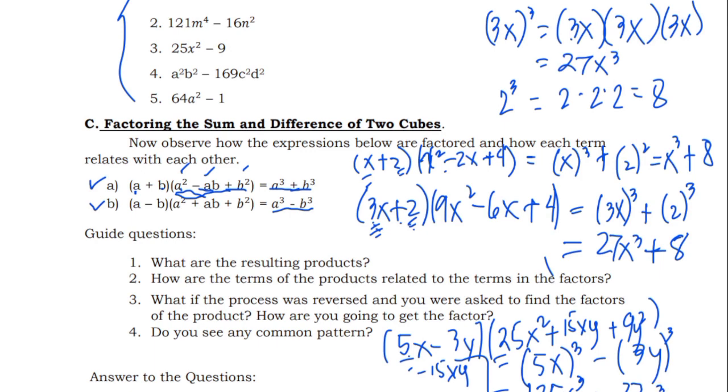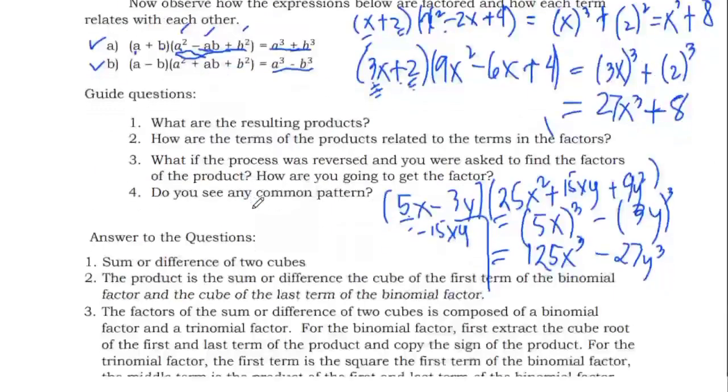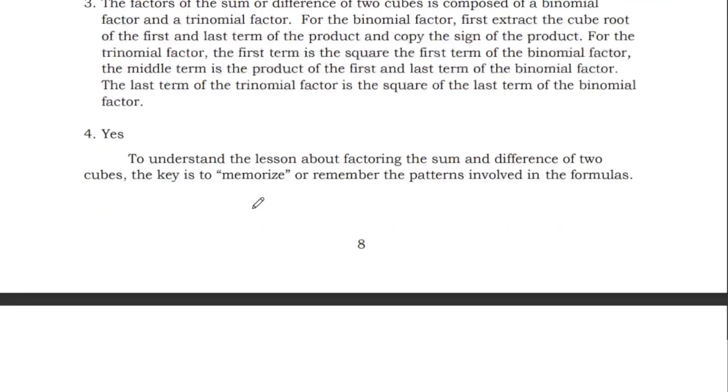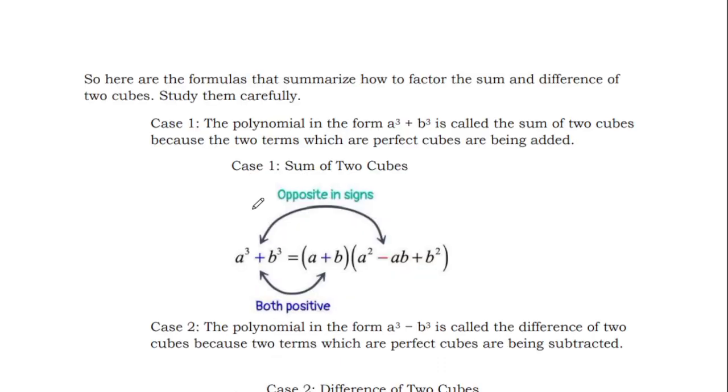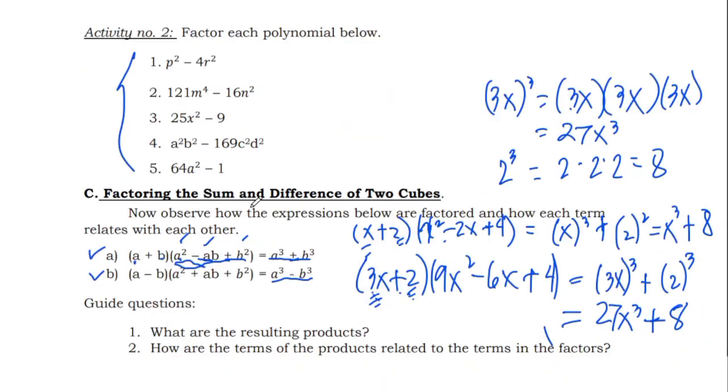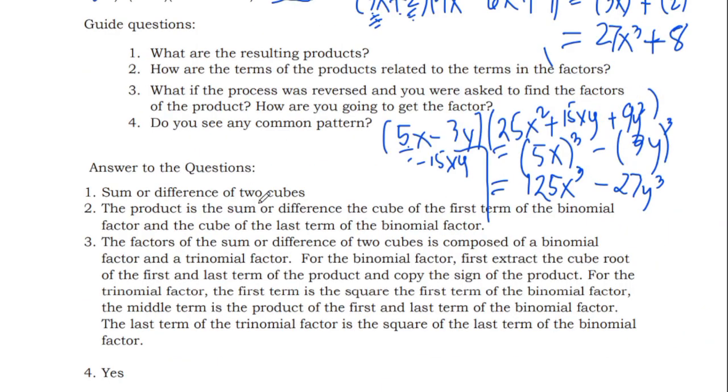So in short, if we encounter a binomial, to know further about the difference and the sum of two cubes, there must be a pattern like this in a special product. But our main concern here is that we're going to interchange the process.